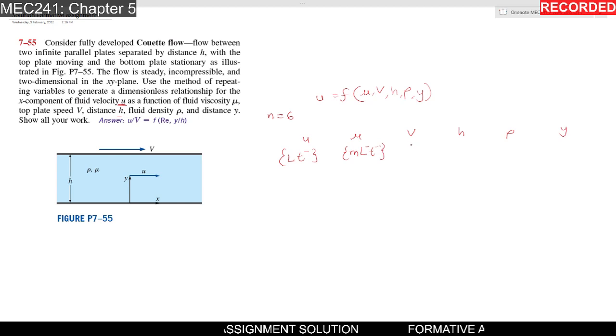For the V velocity, similar to u, the same dimensions, L t to the minus 1, and h is just L. For the density, we have mass over length cubed, so M L to the minus 3. And y is also a displacement, so just put L, length dimension, for y.